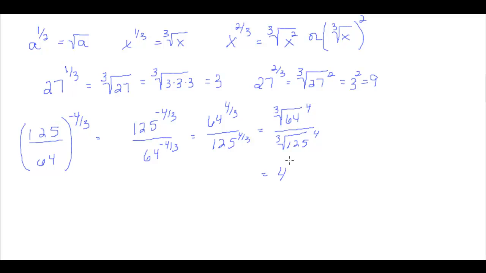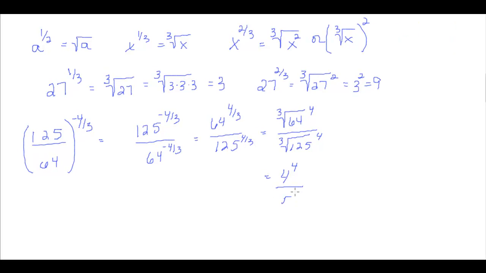So this is the same as 4 to the 4th. The cube root of 125 is 5, so this is the same as 5 to the 4th. Now I can just take those numbers to their respective exponents. 4 to the 4th, and you can use a calculator, is 256, and 5 to the 4th is 625.